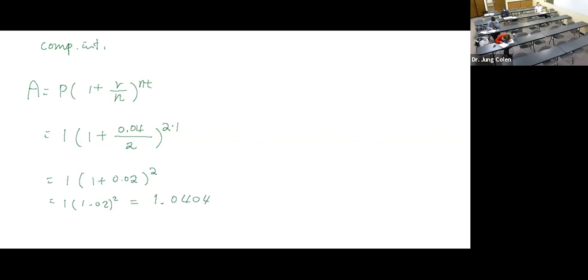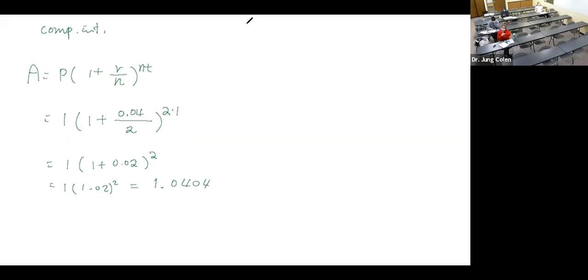So this one tells you how much is the interest. What's the interest? You need to subtract $1 because that's how much you invested at the beginning, right? So what do we get? 0.0404.